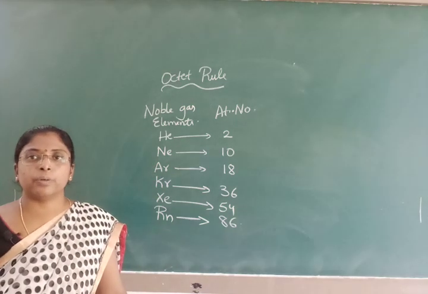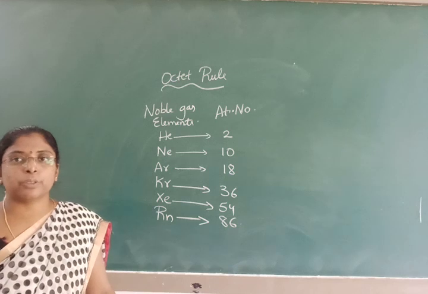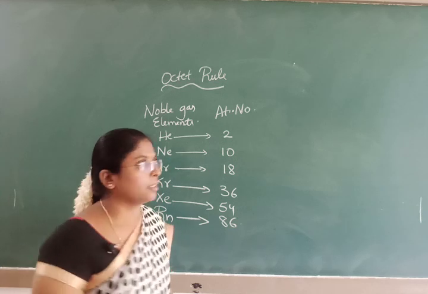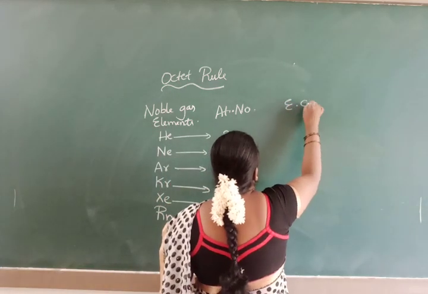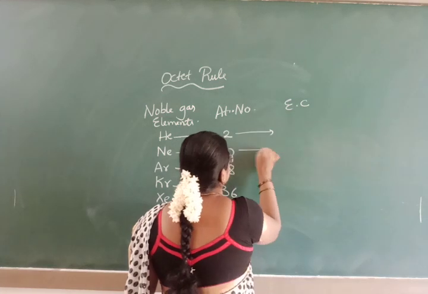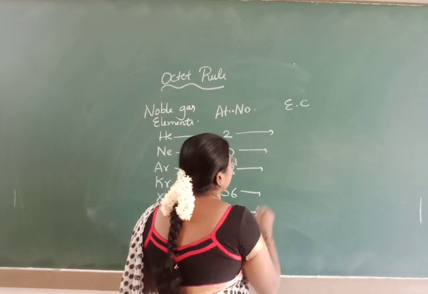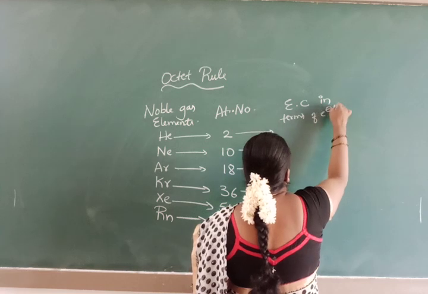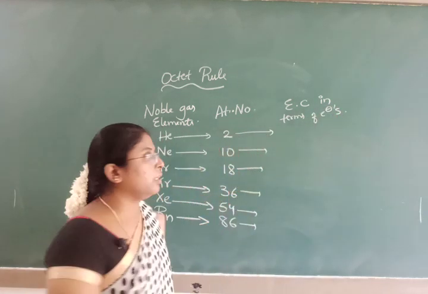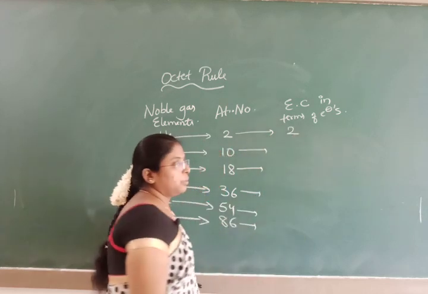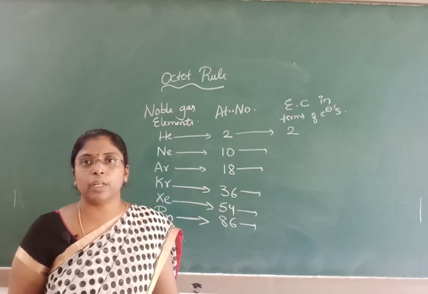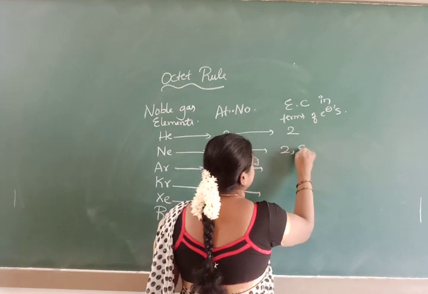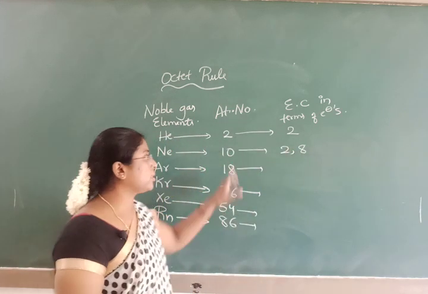In your school days, you used to write the electronic configuration in terms of numbers: first shell, second shell, third shell, fourth shell, and how many electrons each contains. Here, helium has only 2 electrons, so it has a doublet structure and is stable. Neon has 2 electrons in the first shell and 8 in the second shell, total 10 electrons.